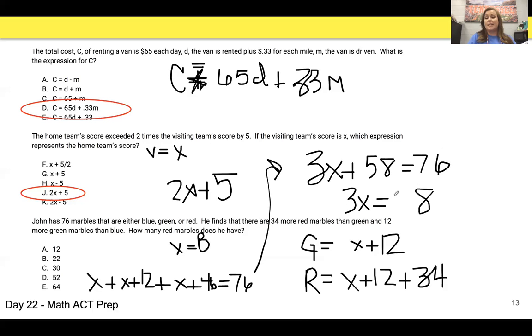Is that going to give me 18? So x is equal to 6. So that tells me there's 6 blue. Green is going to be 6 plus 12. So there's 18. And red is however many green plus 34. So 18 plus 34 gives me 52.